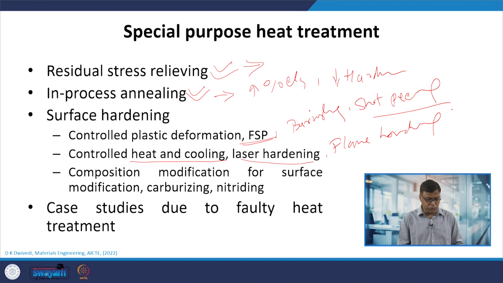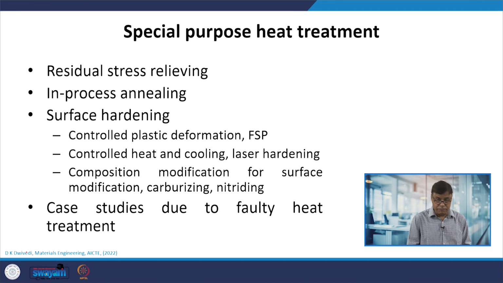These methods are particularly applied for high carbon hardenable steels, so that the controlled heating and cooling gives increased surface layer hardness for improved wear resistance, improved tensile properties, and improved fatigue properties.